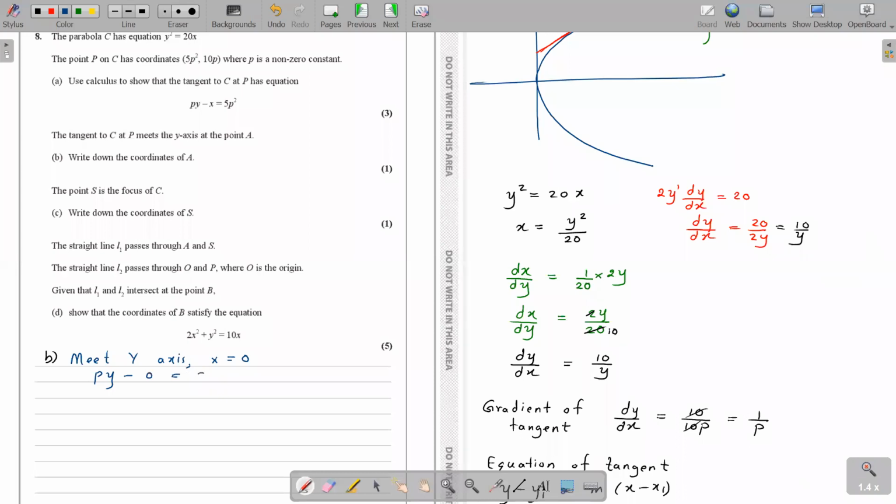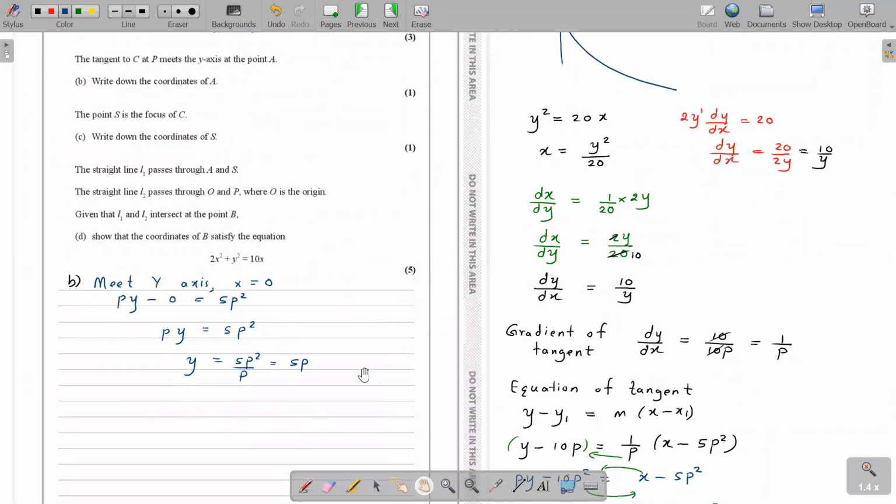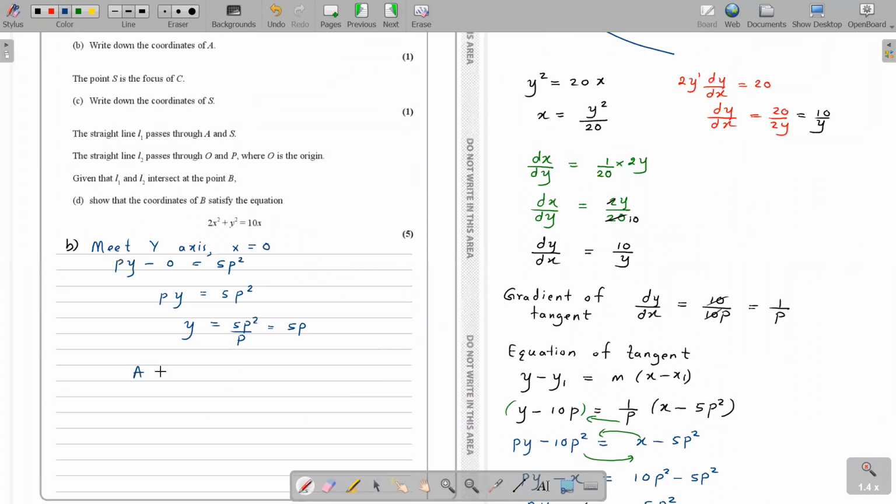So x is 0. So what do we get here? Py equals 5p square. Y equals 5p square over p, which is 5p. So this is the coordinate of the point A. So write the coordinates of point A. Point A is 0, 5p. The coordinates of A is 0, 5p.